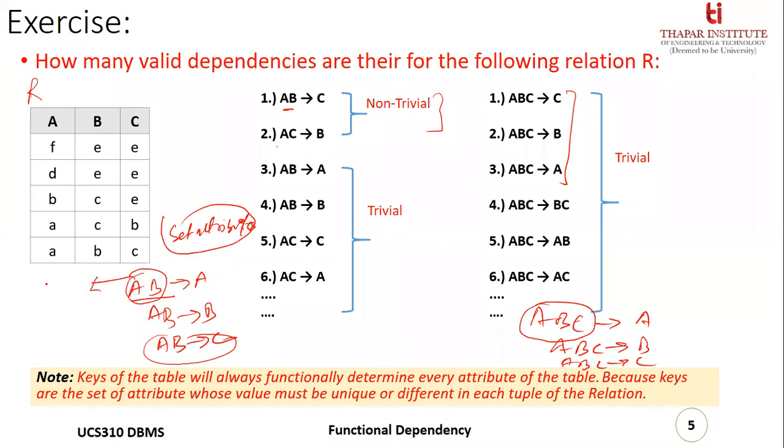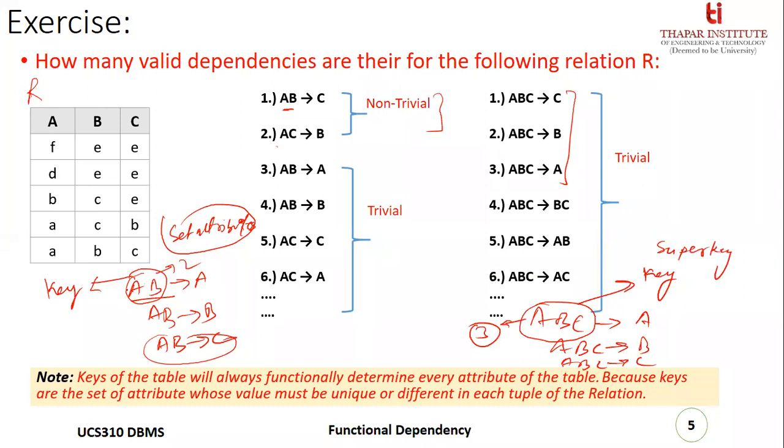So we can say this is a key and this is another key. But here the number of attributes is more than in the other set: here we have only two attributes, but here three. So this we call a super key.